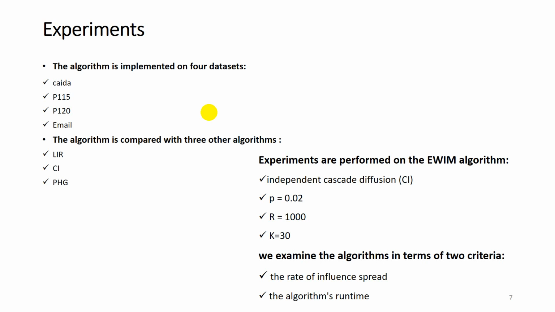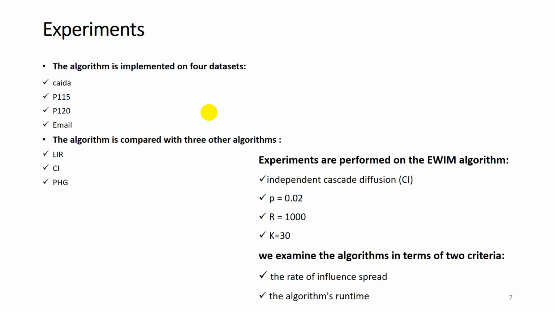Moreover, to calculate the spread of influence, the probability of influence spread was set to P equals 0.02, and the calculations were made to detect a spreaders set with size K equals 30 to create the most propagation in the entire network.